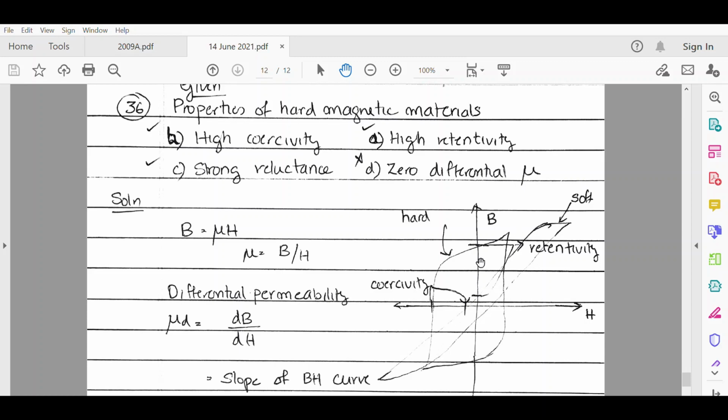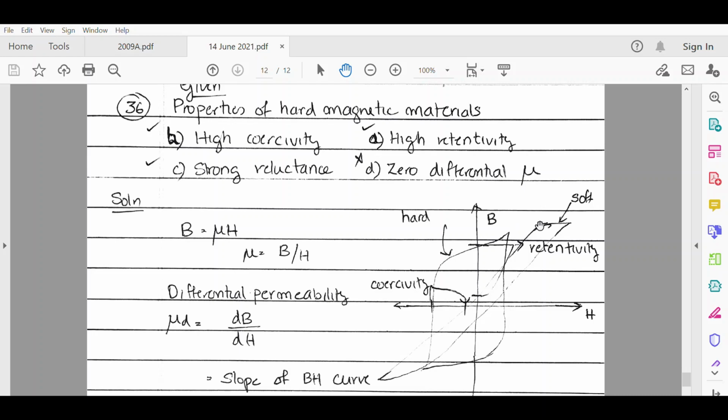So we can see over here that such materials have a high retentivity, a good amount of remnant flux, and high coercivity. So hard magnetic materials are generally used to make permanent magnets, and their BH curve loop area is also very high.